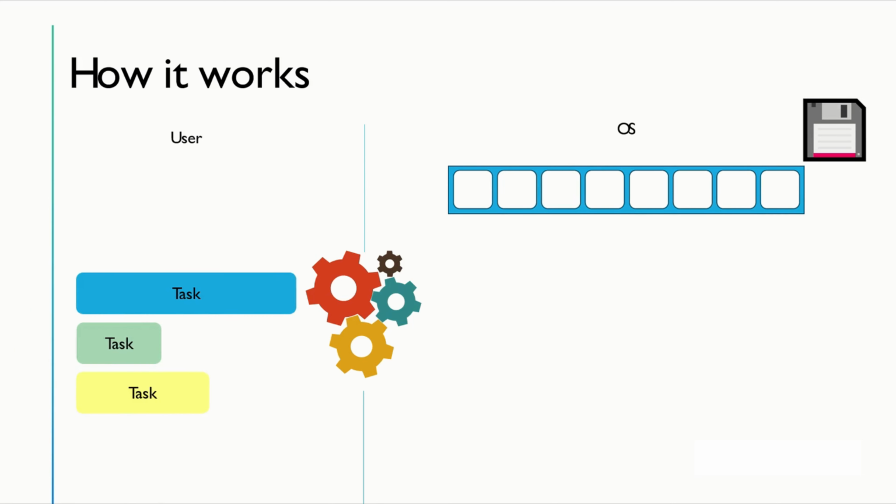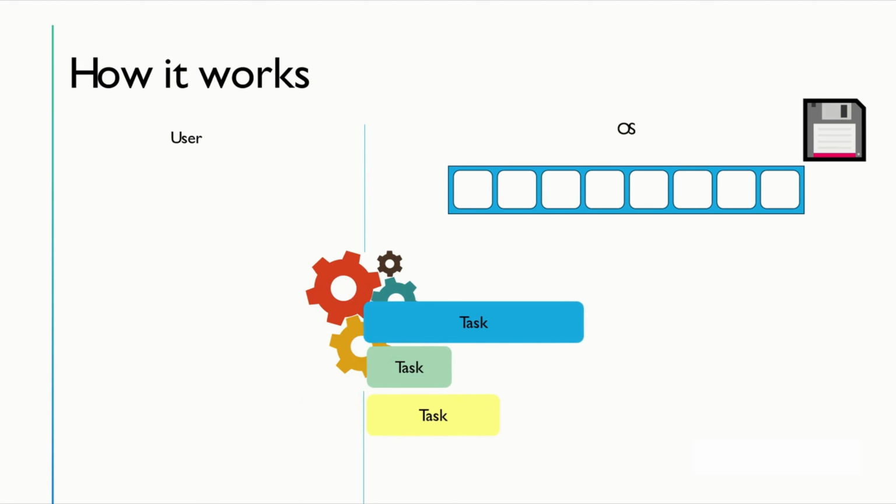Let's say you have additional tasks. Now you've got 3 different tasks which require different spaces of the RAM and different timing to be processed. Again, the process manager is not going to allow all of these tasks at once into the operating system. What it does is it lets them in, puts them in a queue, and checks in with the memory manager.